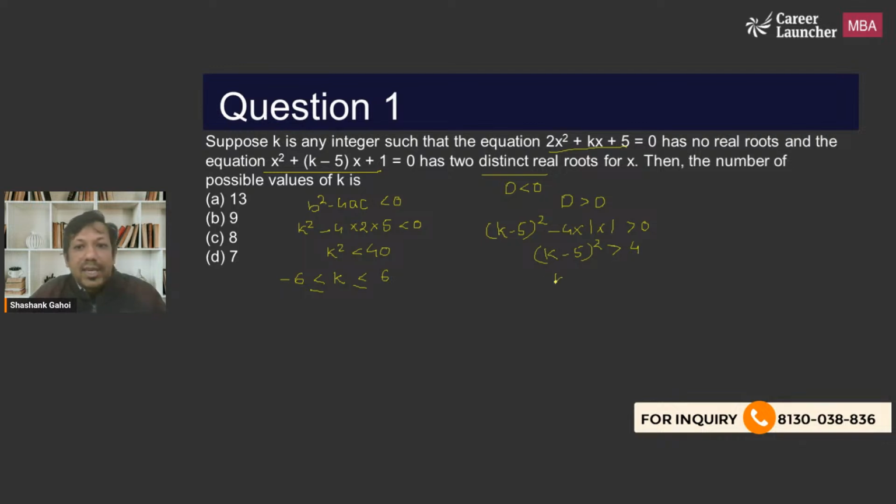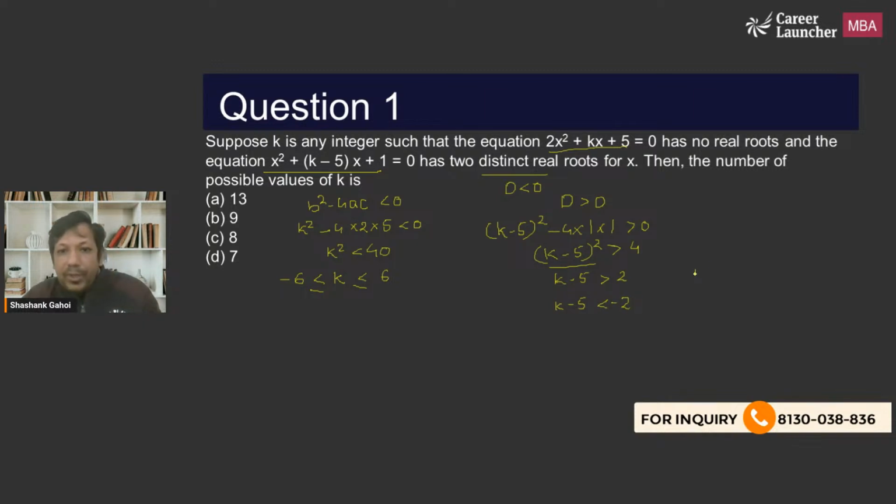Greater than 4 means k minus 5 should be greater than 2. Right, because 2 square is 4, so it can be 3 square, 4 square, 5 square, 6 square, but it can't be 1 square, it can't be 0 square, it can't be minus 1 square, as well as k minus 5 should be less than minus 2.